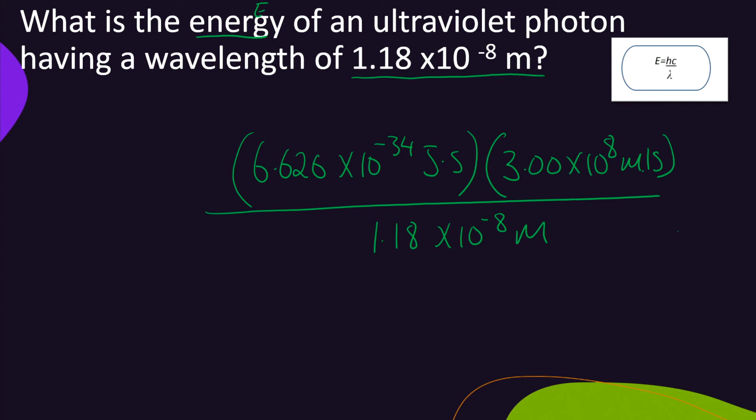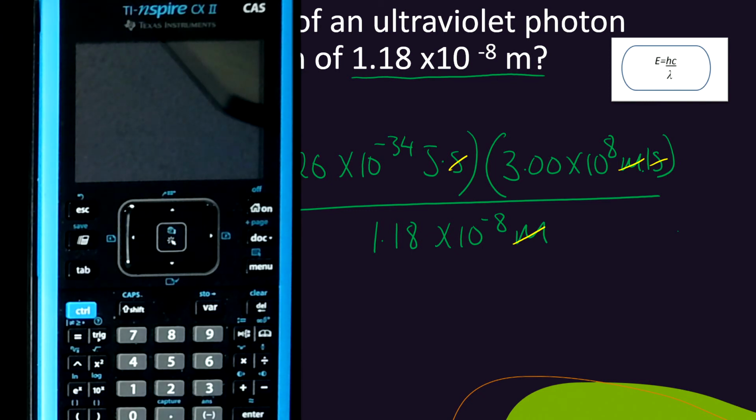So before we do our calculation, let's go ahead and cancel out our units. So our meters are gone and our seconds are gone. So therefore we're left with joules. So putting all these values in the calculator.